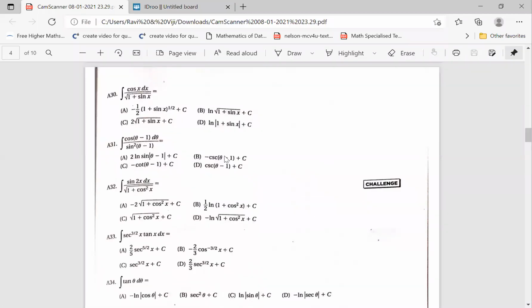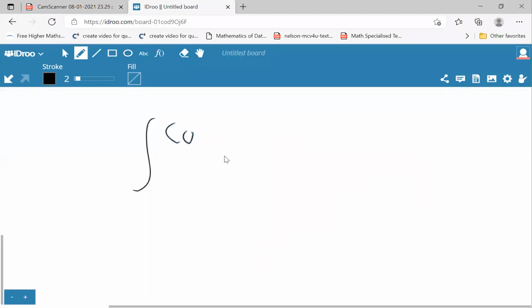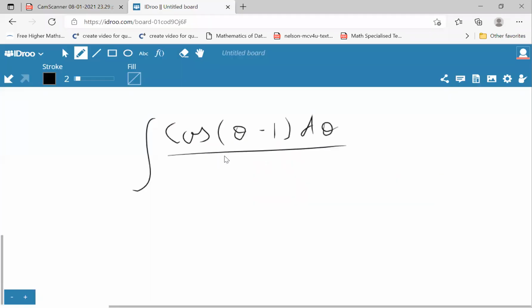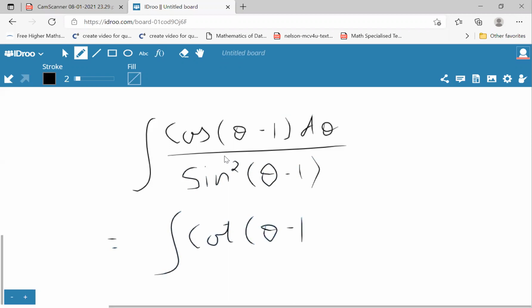Now coming to the 31st one. Integration of cos theta minus 1 d theta divided by sine squared theta minus 1. Now I can rewrite this as cos theta minus 1 by sine theta minus 1 into 1 by sine theta minus 1. So that will give me cot theta minus 1 d theta into 1 by sine, which is going to be cosecant theta minus 1 d theta.